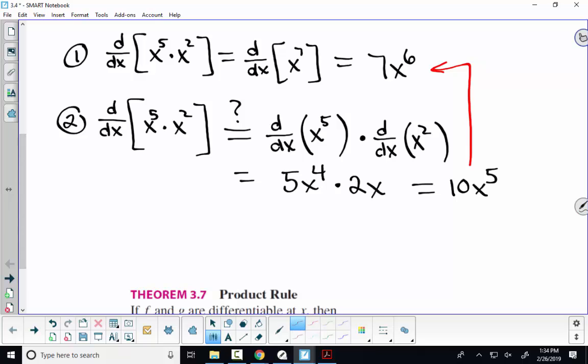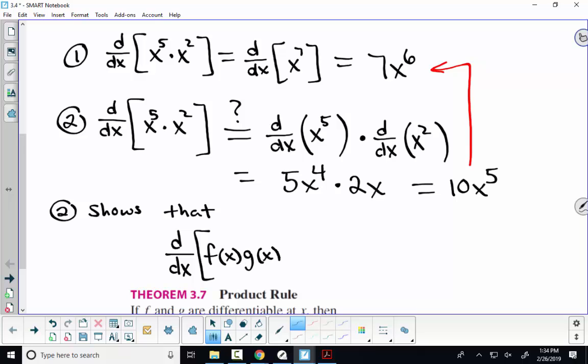So this shows that the derivative of a product is not the product of the derivatives.